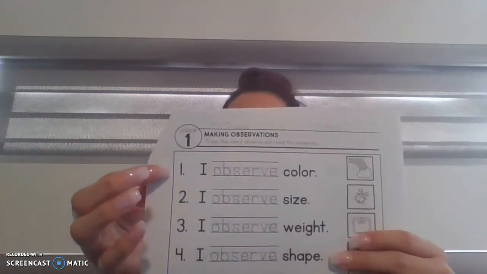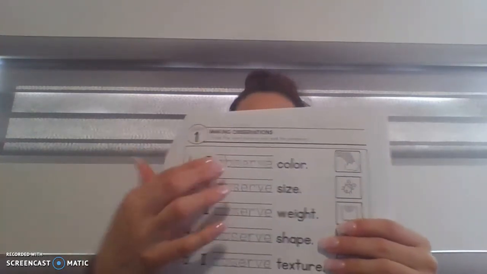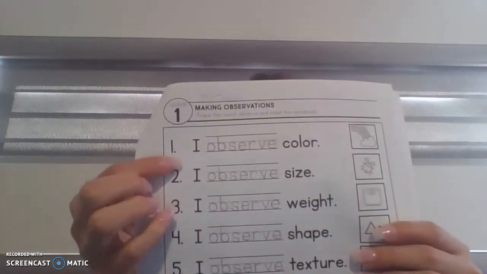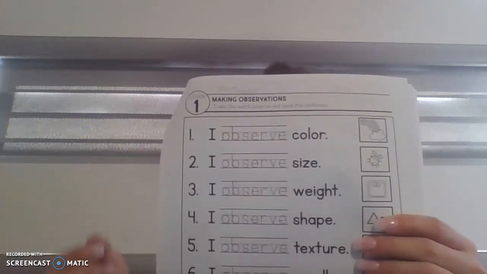So, sentence number 1 says, I observe color. So go ahead, trace the word. And let's read it again. It says, I observe color.